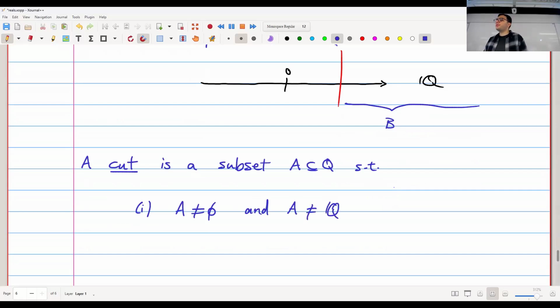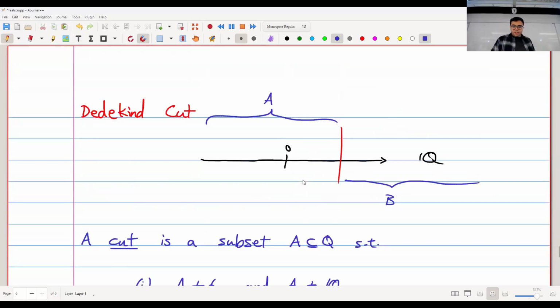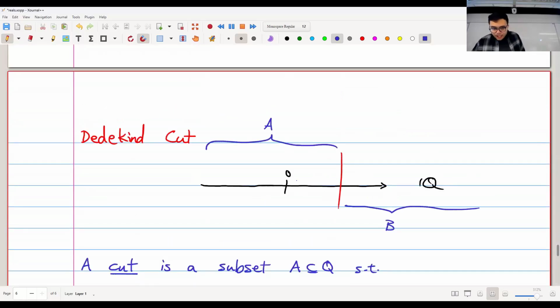The second property I want to have is that if I have some number in A, then I want to have everything that is smaller than it in my set A as well. Because again, my intuition is that I'm cutting the rational numbers from some point and I'm saying take everything that is smaller.